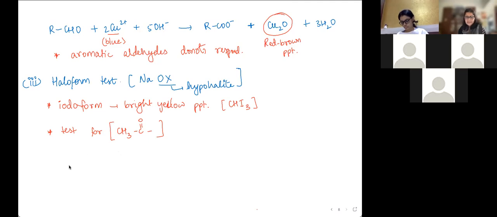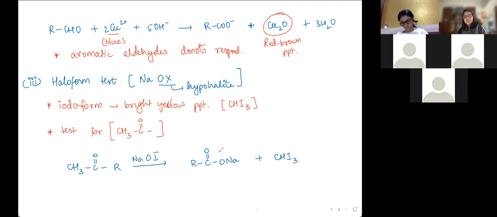Why? Because this is the reaction. You have CH3 C double bond O, and then let's say R, then treat it with a hypohalite, let's say NaOI, then you get R C double bond O ONa plus CHI3.